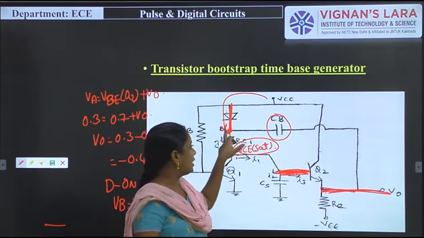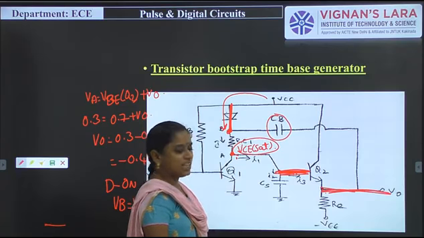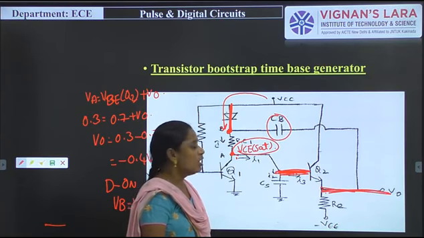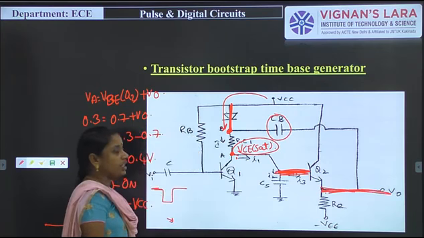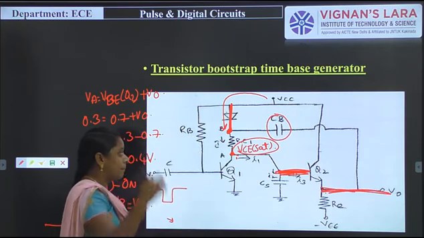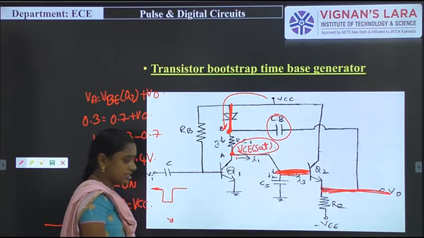This V0 is applied to the diode cathode terminal and the anode terminal is connected to VCC. So diode D becomes on condition. When the diode is on, this VCC voltage is applied to VB. So at that particular time, the output VB is VCC.